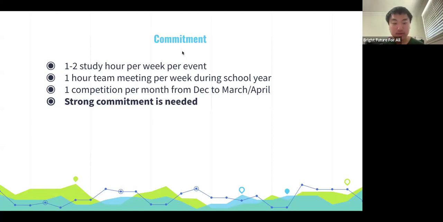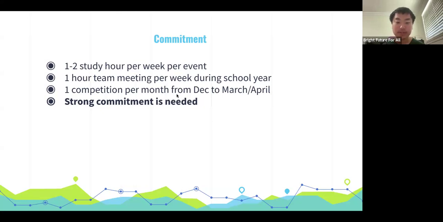At my school we did a one-hour team meeting every week during the school year, and it ramped up more towards the turn of the new calendar year, when competitions got more intense. This is just my suggestion, because this is what I know from my school.